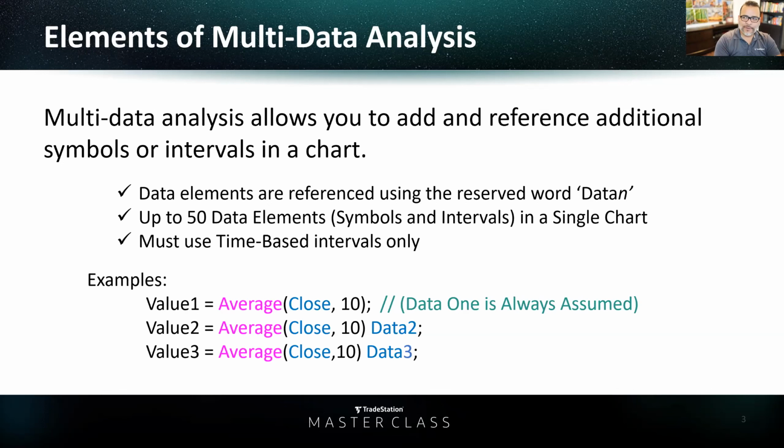One thing to keep in mind though, I'm not sure if yesterday or the day before yesterday, you noticed that as I was adding these multiple symbols inside of a chart, the chart automatically allowed some space for it, like a subgraph. There's only a limit of 16 subgraphs that the chart analysis window can support. So you can split up that chart into 16 different horizontal subgraphs.